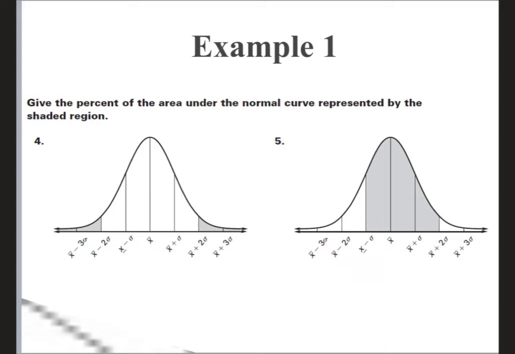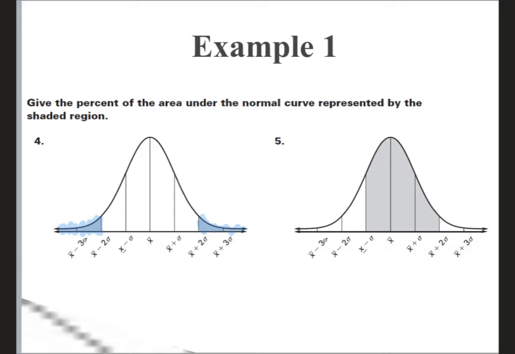So what I'm asking you for is to give me the percent of the shaded part that's underneath the curve. I'll write it in a different color so we can see it a little bit better. Underneath the curve, I'm looking for this and this shaded part. Don't worry about these numbers underneath, we'll talk about that in a second. I want to know what probability is shown.